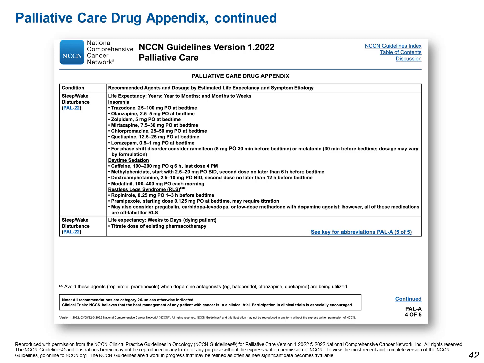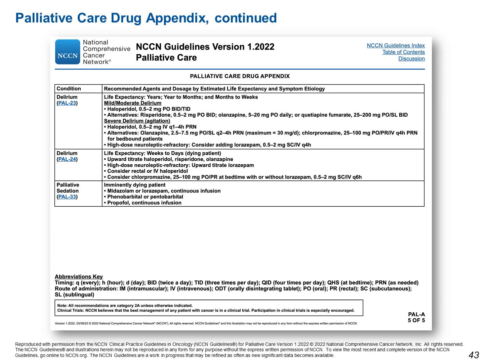For daytime sedation, consider caffeine, 100 to 200 milligrams PO Q6, last dose at 4 p.m., methylphenidate, PO BID, dextroamphetamine, modafinil can all be valuable for countering sedation. For restless leg syndrome, ropinirole is an important drug and may also consider pregabalin, carbidopa, levodopa, or low-dose methadone with dopamine agonist.